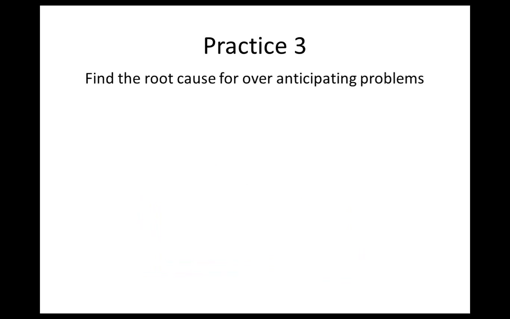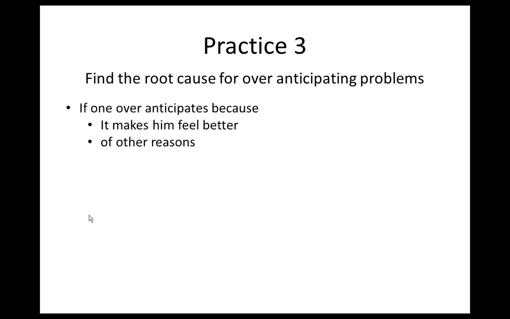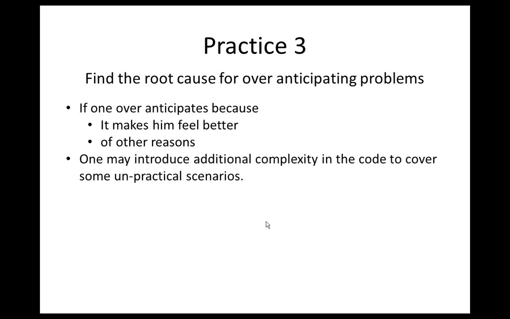Might be you anticipated something, and the actual situation is something different. Lots of times we do it because we feel it is better. Okay, I have to write this layer because it may be required in the future, or for some other reason. So one may introduce additional complexity in the code to cover some impractical scenarios.